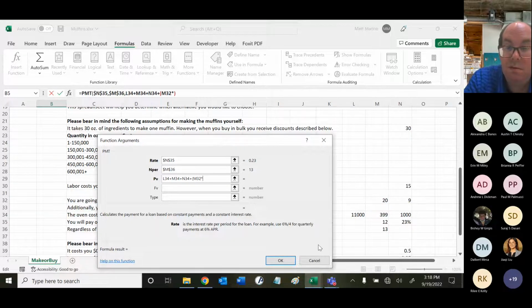So that would be M32 times N32. Okay. So now that you have all 5 of them in there, make them all absolutes. So when we autofill the formula over, nothing gets screwy and nothing is changed because the equipment will cost the same for everything.